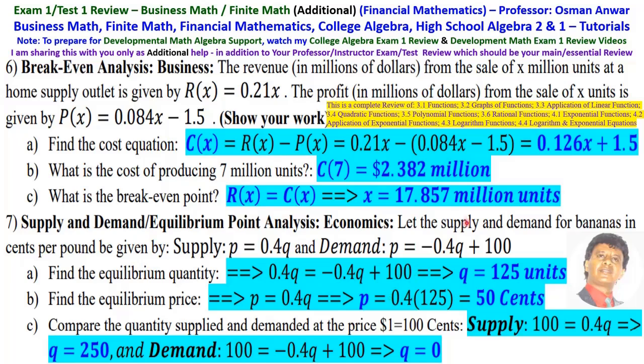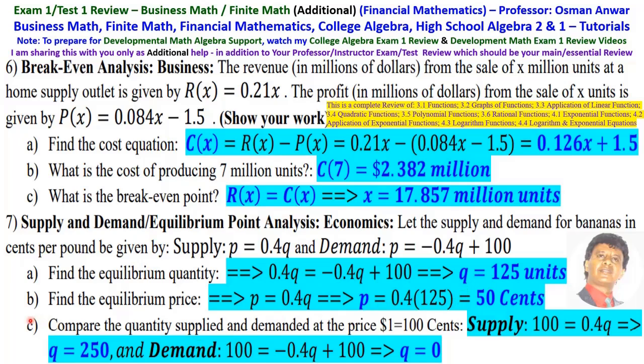Even if you use the other one, -0.4 times 125 plus 100 will also give you 50 cents. So the equilibrium point is when the price is 50 cents and the quantity is 125, and those are the equilibrium price and quantity.